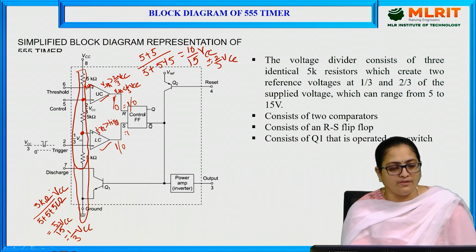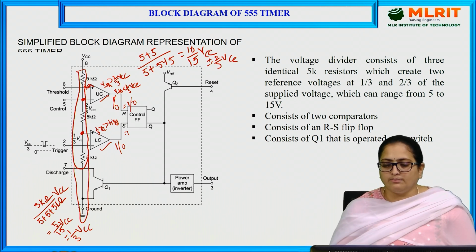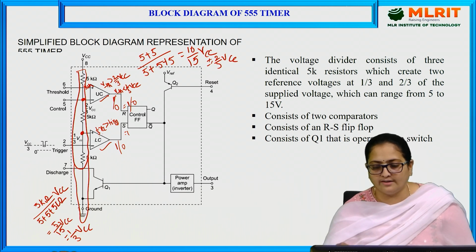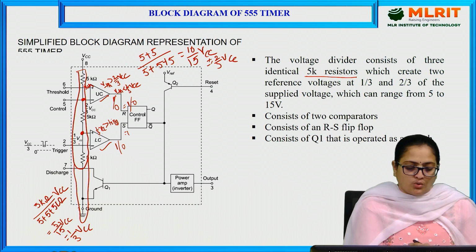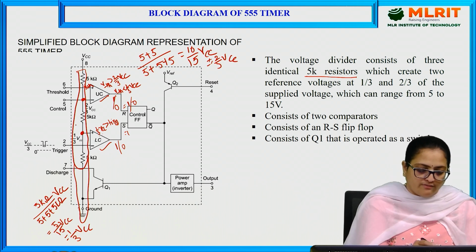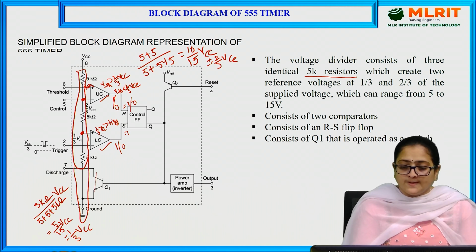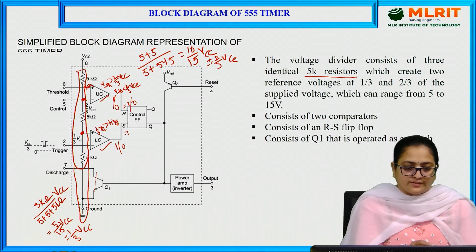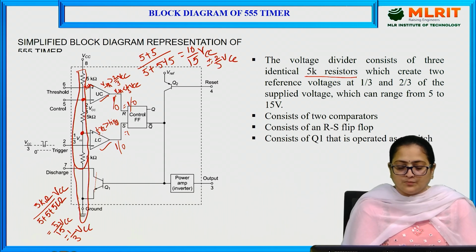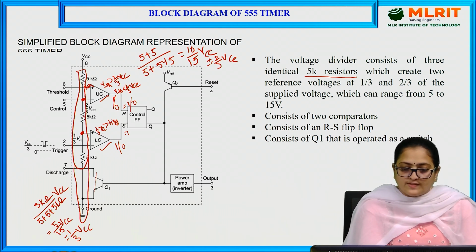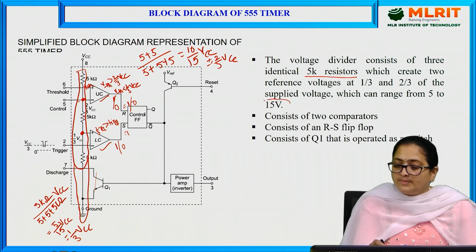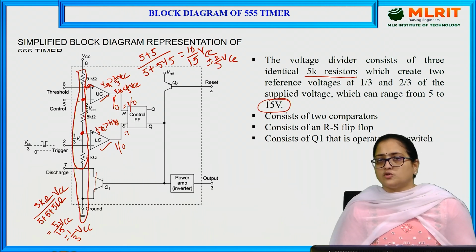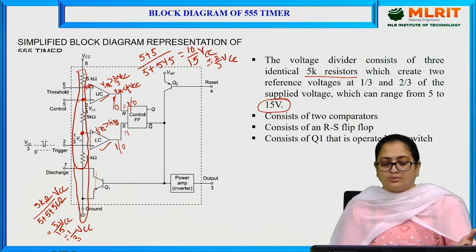This is a simplified block diagram of the 555 timer. The voltage divider consists of 3 identical 5 kilo ohm resistors, which creates 2 reference voltages, that is 1/3 VCC and 2/3 VCC of the supplied voltage, maybe 15 volts, 10 volts or 5 volts based on the input voltage.